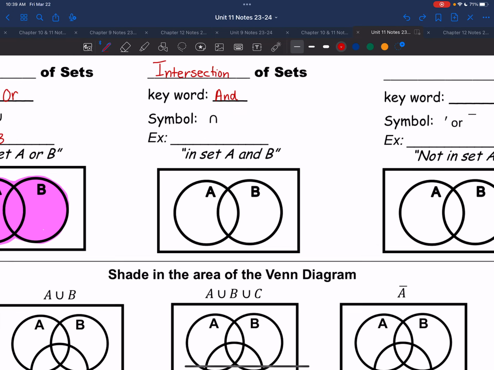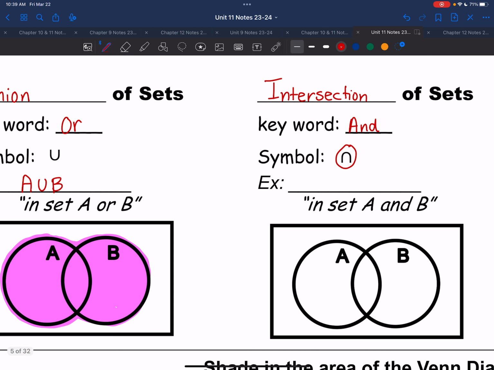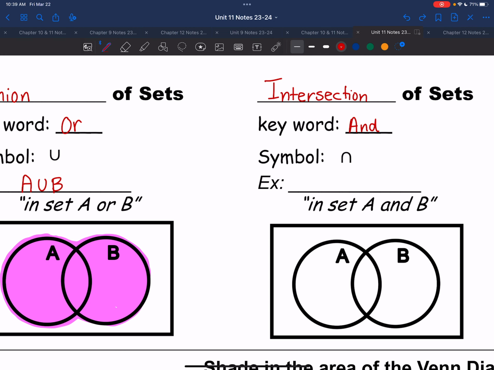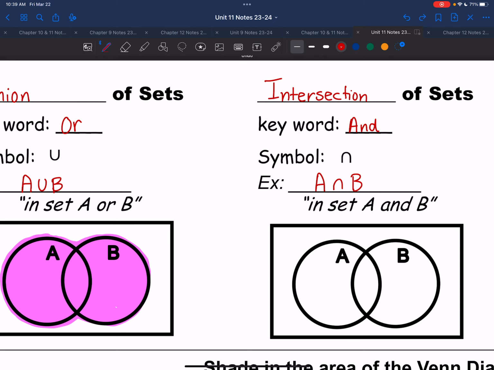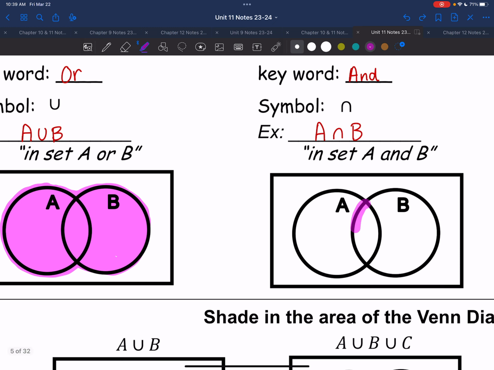So we use the symbol, it looks like an upside down U on this one. Notice how it's the opposite of union. So in symbol form, it might look like A, upside down U, B. And that just means what elements are in set A and B at the same time. And just like that last problem, it's where these two circles intersect. That's why it's called the intersection.